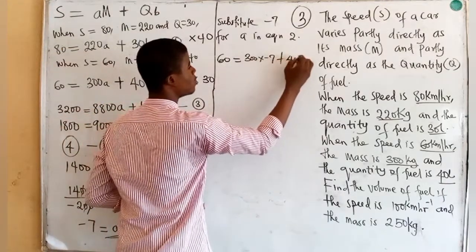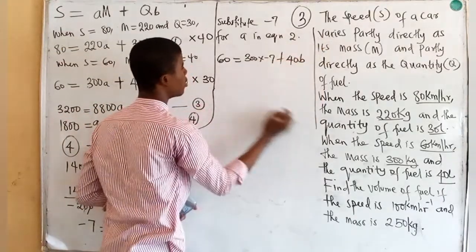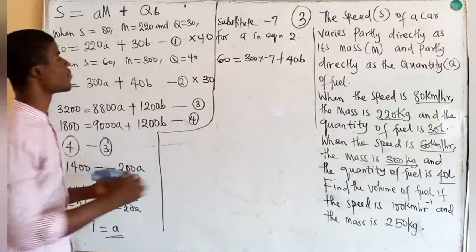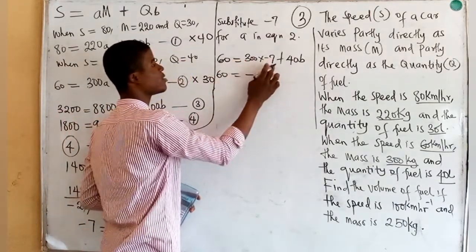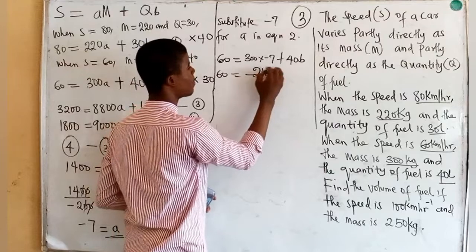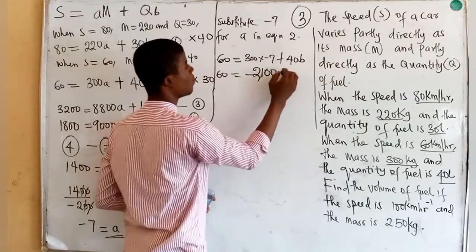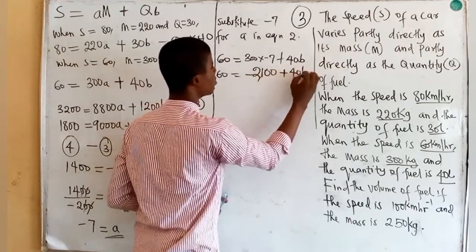Minus 7 times 3 is 21, so that's minus 2100 plus 40B.